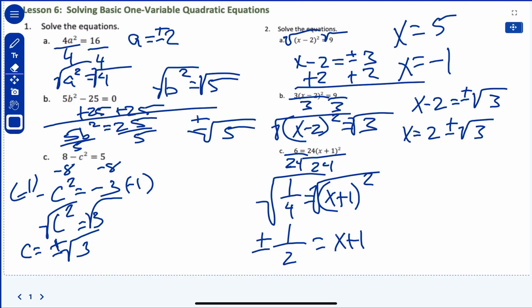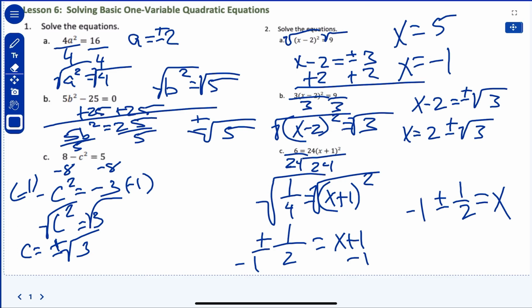Okay? Now what? Yeah, just subtract 1 from both sides. So that's going to leave you with -1 plus or minus 1/2 is equal to x. So can you do that? -1 plus or minus 1/2?